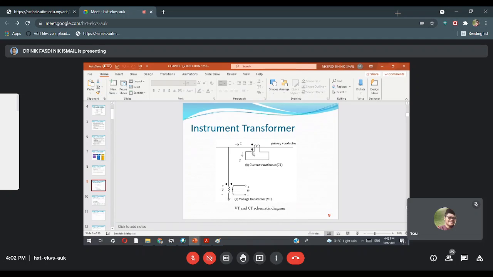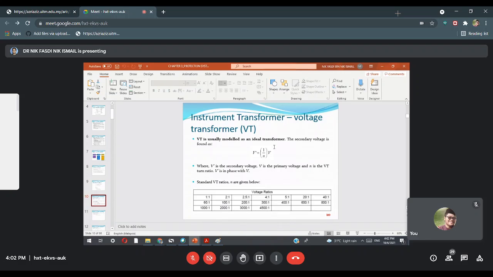Kalau dalam current, kita connection dia macam ni. For the voltage transformer, we put in this way, the VT lah. Okay, current biasa dalam series, ini dalam bentuk parallel. Okay, alright. Instrument transformer, voltage transformer, VT is usually modeled as an ideal transformer. The secondary voltage found as V prime equals 1 over N times V, where V prime is the secondary voltage, V is the primary voltage, and N is the VT turn ratio.